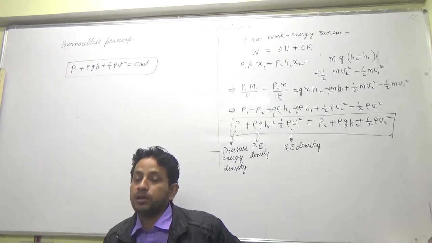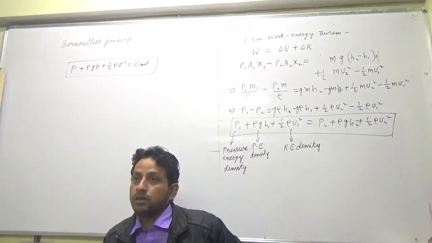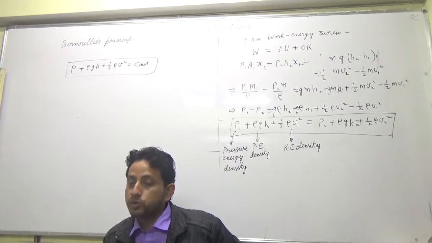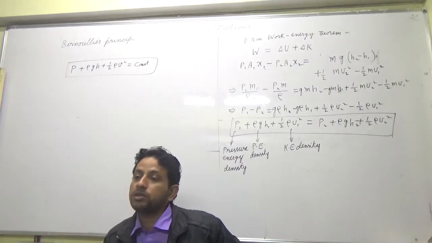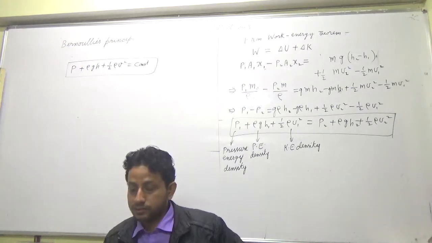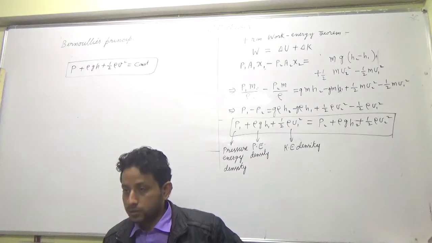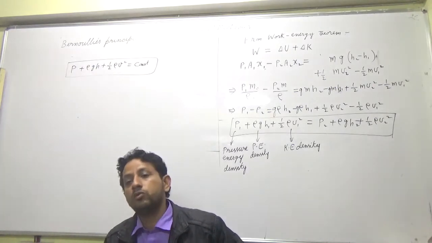Okay? And suppose you are standing at a platform and a train is crossing the platform, and you are standing at some distance. The train will pass with a very high speed, and the nearby air will also move with very high speed.